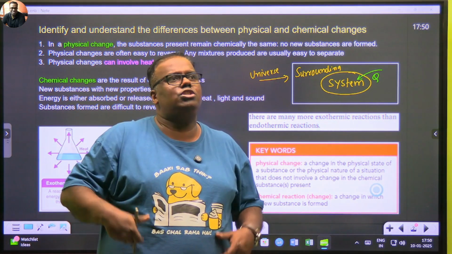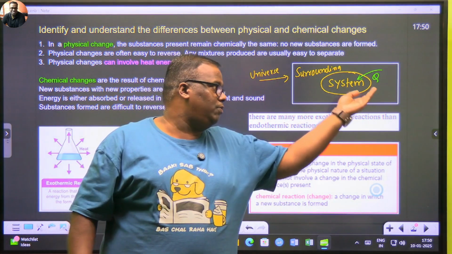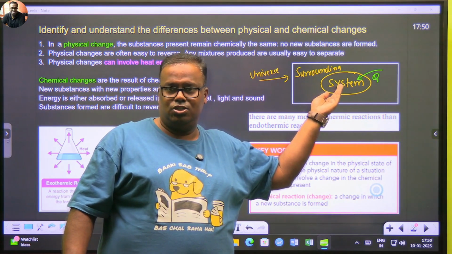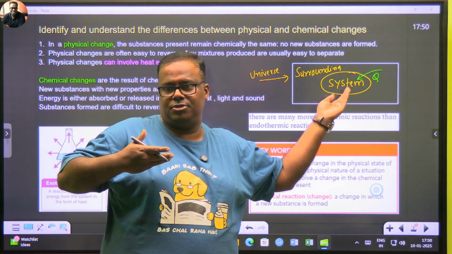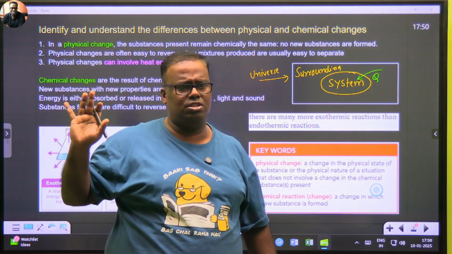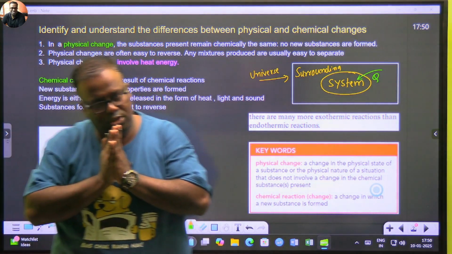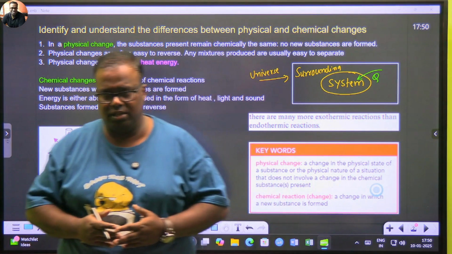A body who has more thermal energy is supposed to be at a higher temperature. I have absorbed heat inside, so my temperature goes up as a system. Surroundings temperature goes down. Very easy concept. Is there any sort of ambiguity on this understanding? Have you understood endothermic?